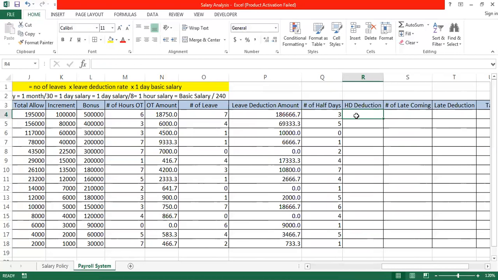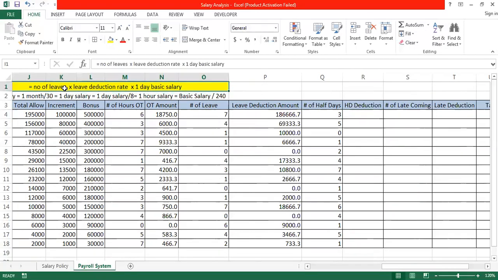So before I calculate half day deduction, I want to discuss with you the half day formula. So what can be the half day formula?